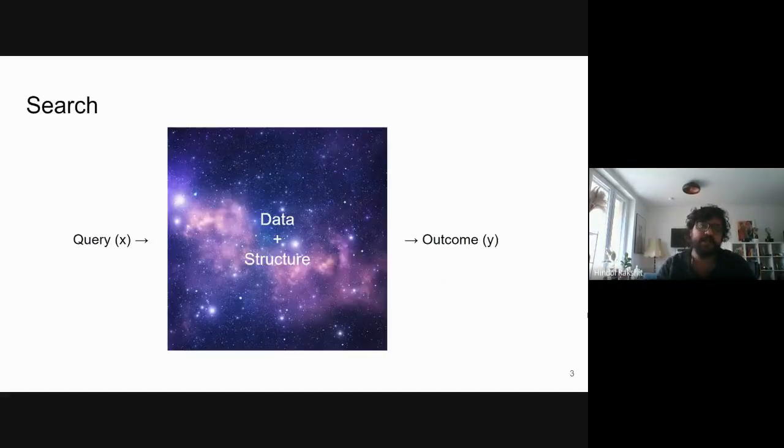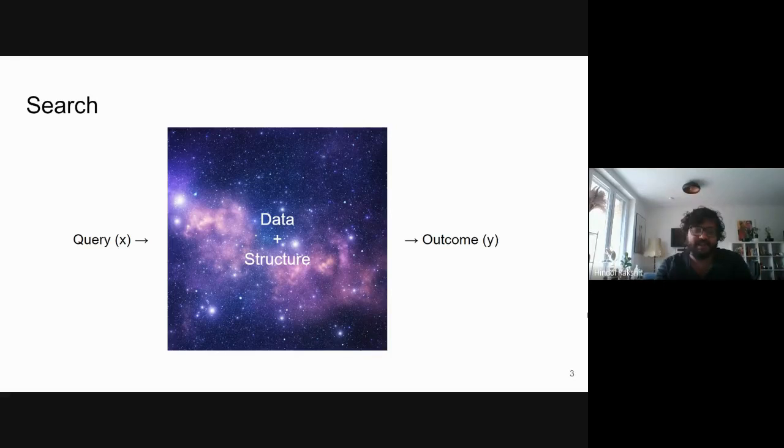And to start with, let's actually begin with the basic structure of a search engine. So a search engine is not just a database. What happens is that there is a query. It goes into a database, and we have a selected outcome. So we give in the query, it goes through the database, and we expect an outcome.